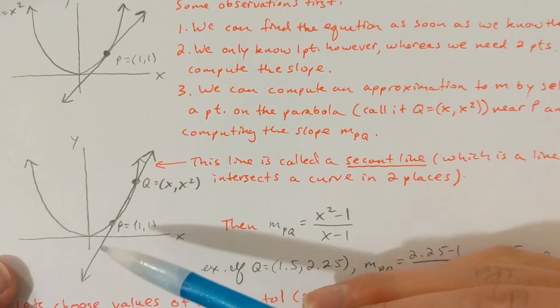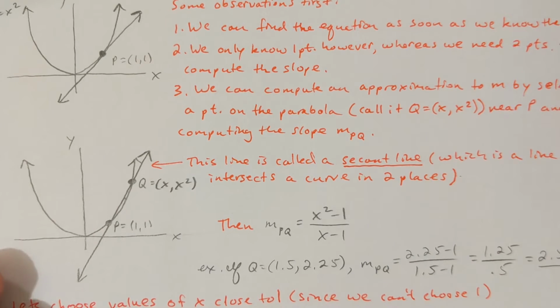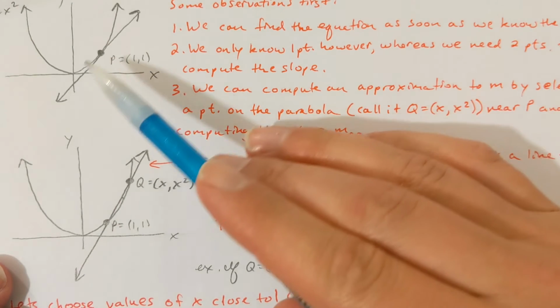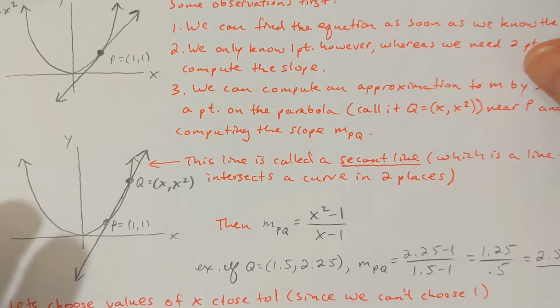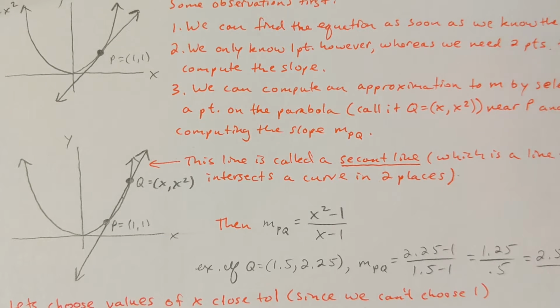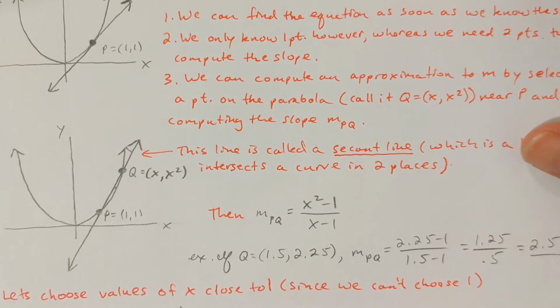Now, I've drawn a line passing through points P and Q. This is not the tangent line. Okay, the tangent line only intersects the curve at a single point, touching the curve and flowing in the same direction as the curve at that point of contact. But this other line that I've drawn is called a secant line.